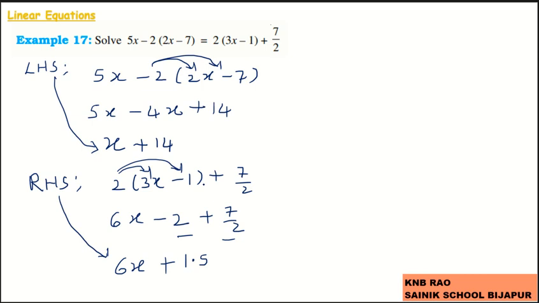So, what I did, I solved separately, or simplified separately, LHS and RHS, and that I am equating now, where x plus 14 equals to 6x plus 1.5.